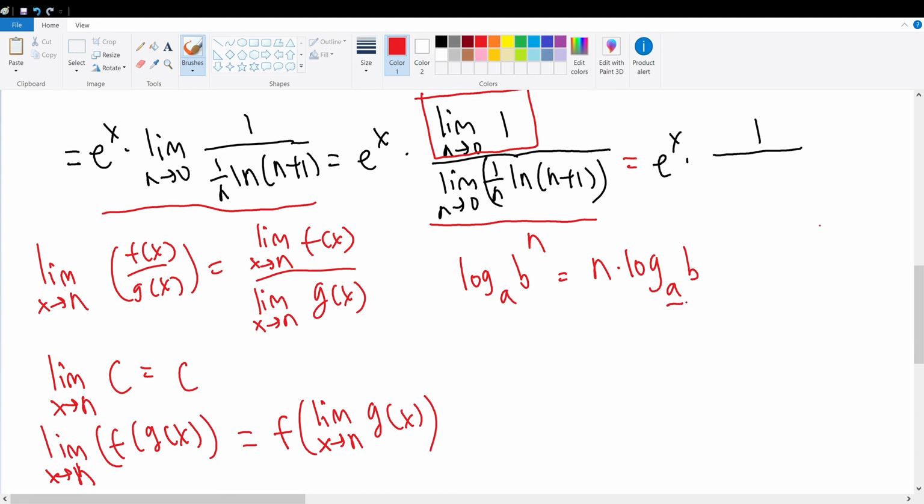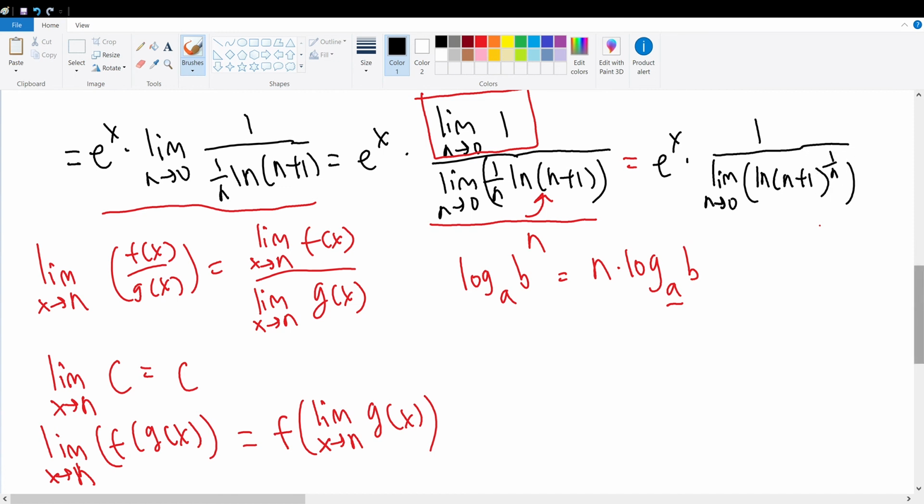In this case, our base is e. So the value inside our limit becomes e to the x times 1 over the limit as n goes to 0 of the natural log of n plus 1 raised to the 1 over n power.